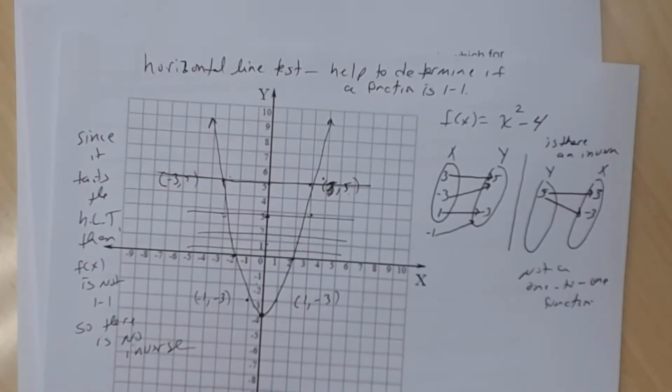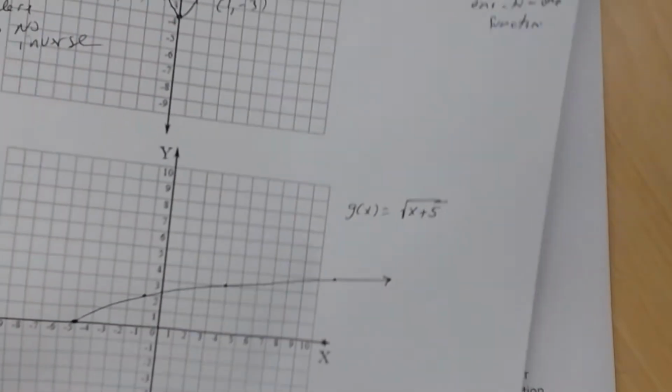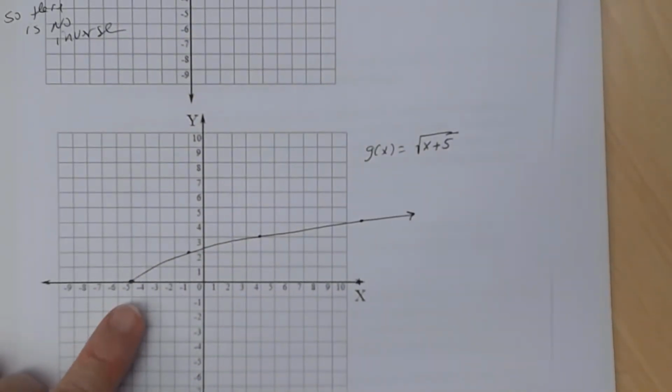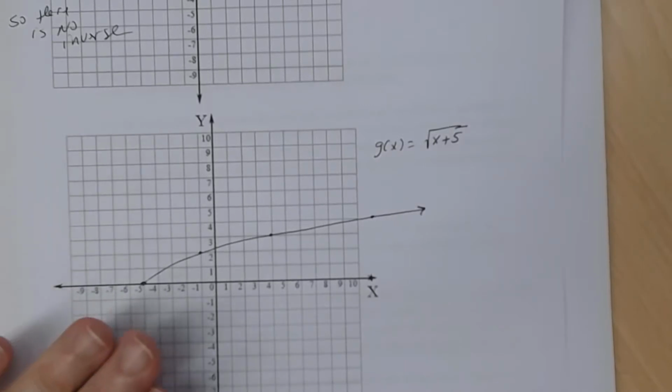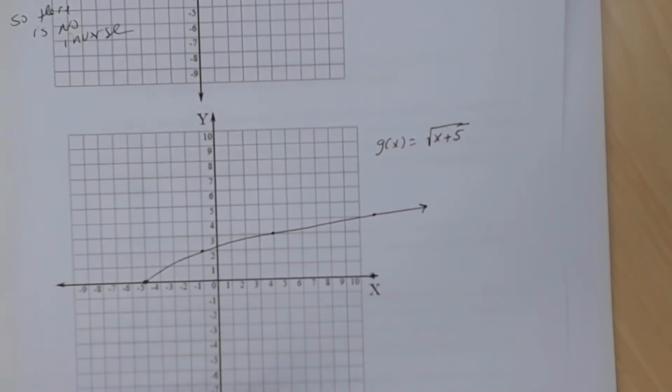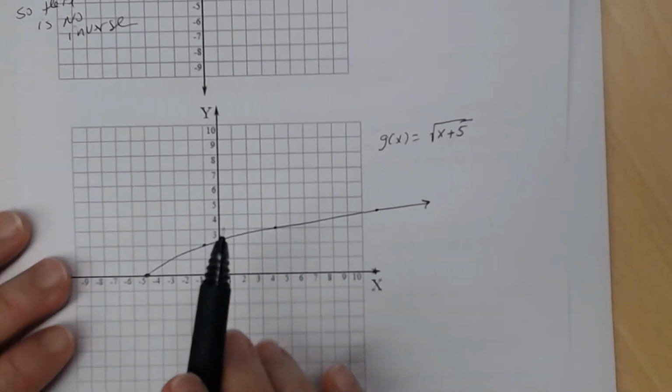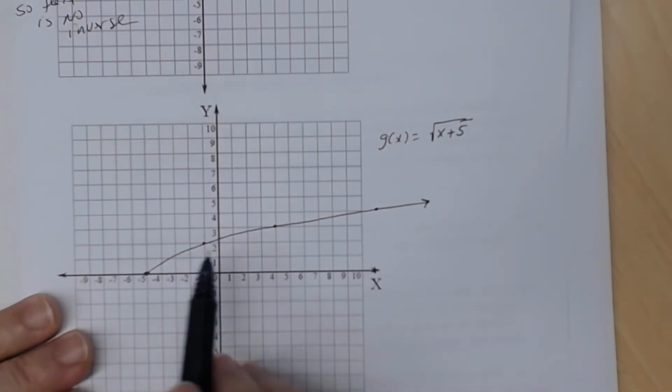Okay, so now let's look at this one right here. And all I want you to tell me is, is this function one-to-one? If it's a one-to-one function, then it has an inverse, and you can find it. Notice first of all, it passes the horizontal line test.